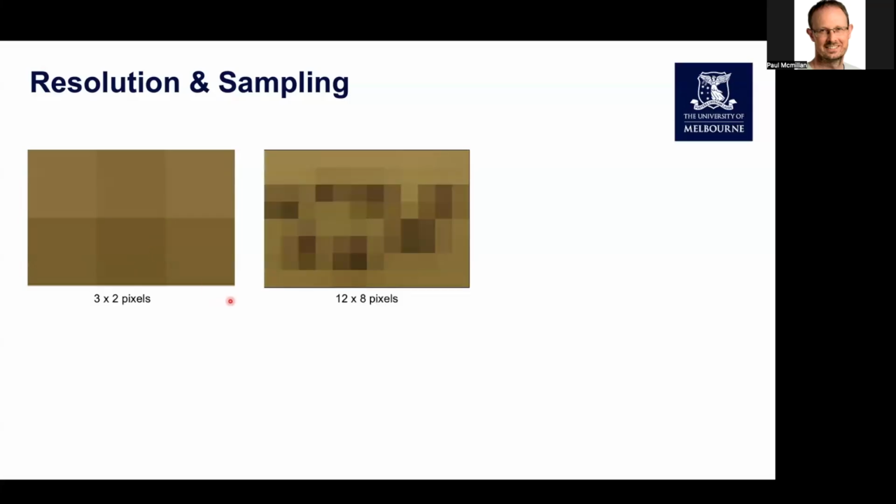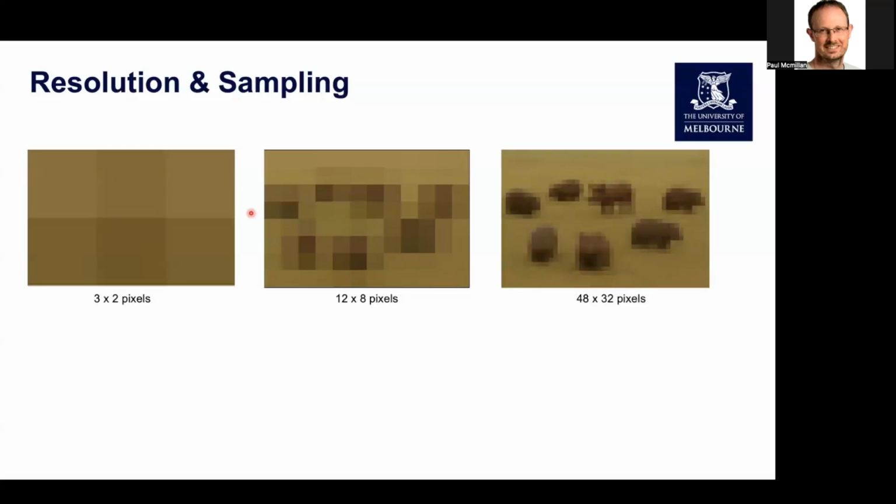If I increase the number of pixels, then we can probably start to see some of the objects there, but I don't think you could hand on heart say that you could definitely resolve and count each of those objects. By the time we get to 48 by 32 pixels, we can probably fairly comfortably say that we can see 7 different objects within that image, right?